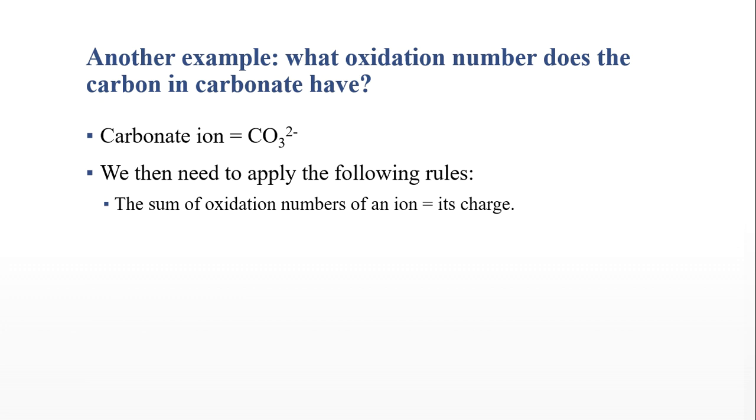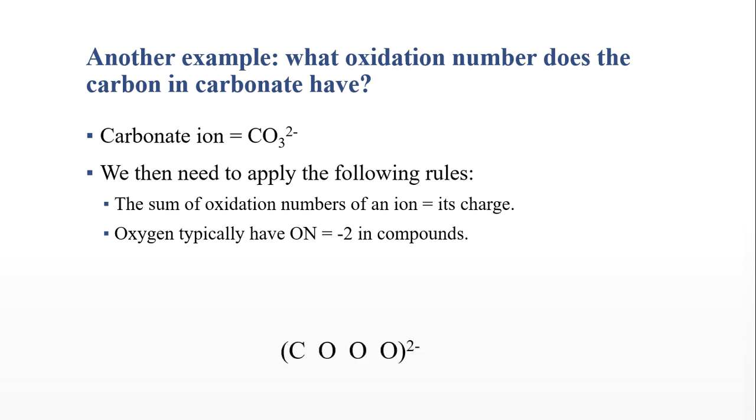In this case, the sum of oxidation numbers must be 2-, or -2. Oxygen typically has the oxidation number of -2 in compounds. So this is a way you could do it, at least in the beginning when you're new to this.